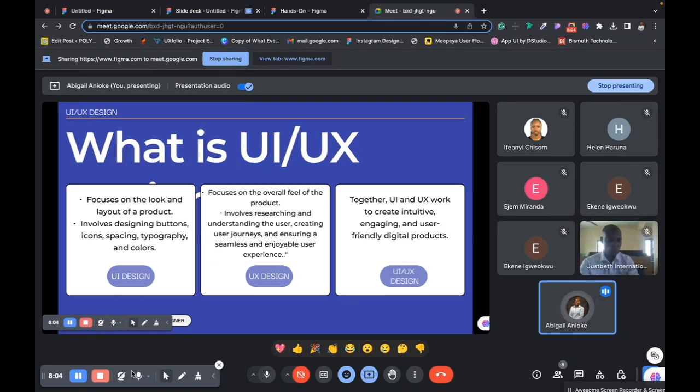So a UI designer actually sat down to research, think, brainstorm, and come up with ideas on how I am going to make this application work. Imagine if it's the other way around.